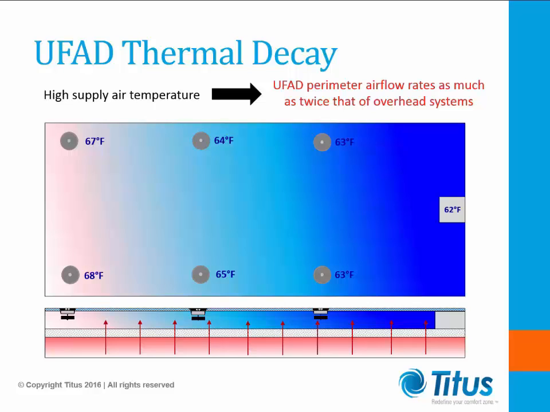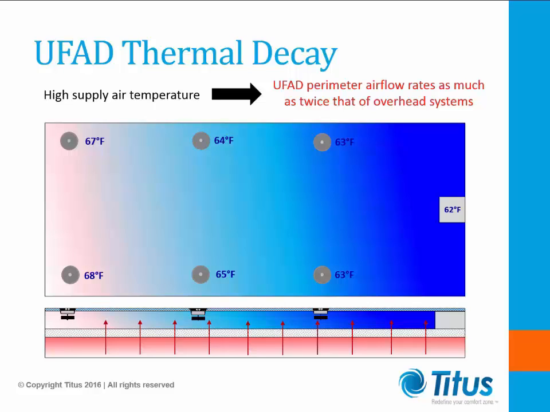Thus, the supply air temperature may rise as much as 5 to 6 degrees as it travels a 40-foot distance from its injection point to outlets along the perimeter wall, resulting in very high cooling airflow requirements in perimeter areas. Every building will differ according to its construction, orientation, and operation, so prediction of heat transfer effect is virtually impossible. This particular term is called thermal decay.